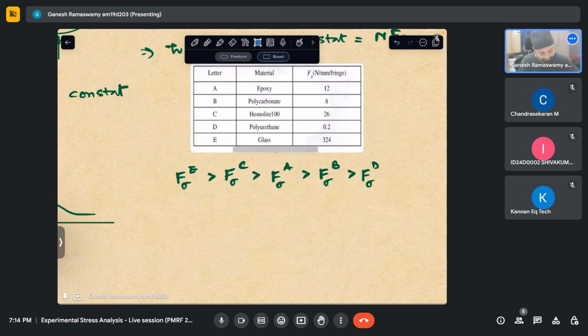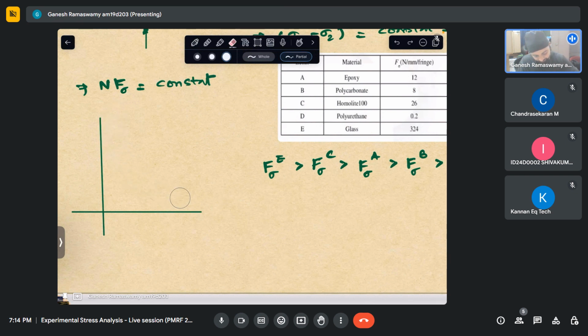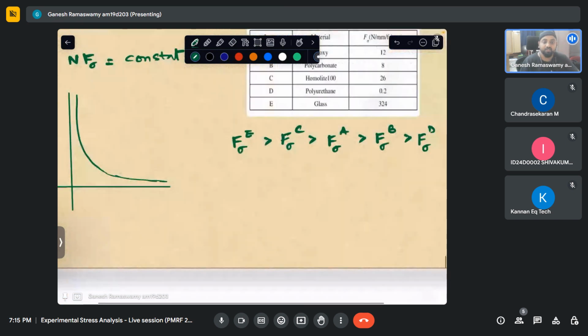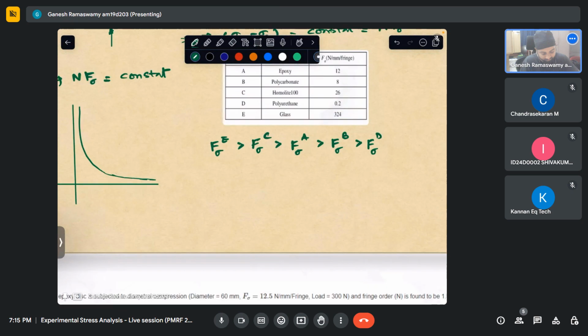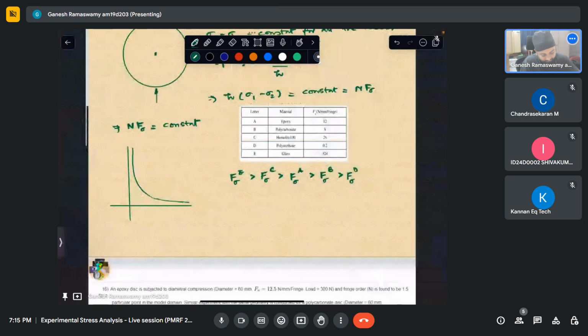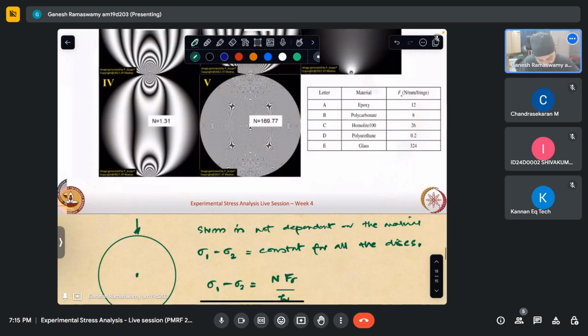So from our equation, if f sigma is in the decreasing order, then n has to be in the increasing order. So let me write n1.